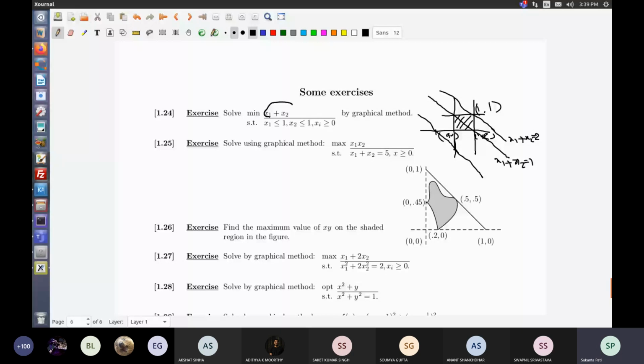So the line that will finally touch the feasible set will be x1 plus x2 equal to 0. Okay, and that passes through 0, 0.